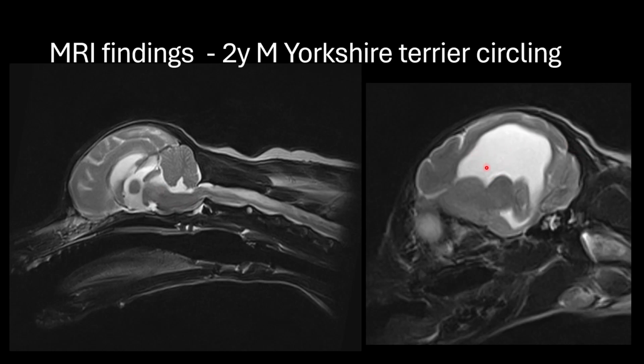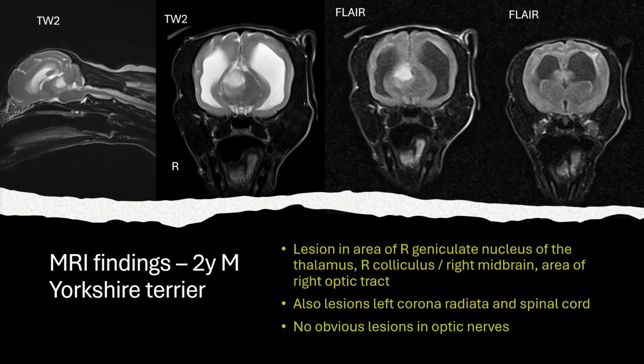And we have big ventricles in this dog, but there was more. That is really getting the incidental findings out of the way. The main problem can be seen here. So we have this very hyperintense lesion in the caudal thalamus, in the area of the right geniculate nucleus of the thalamus, and also extending down to the right colliculus, right midbrain area really, and also involving the right optic tract.